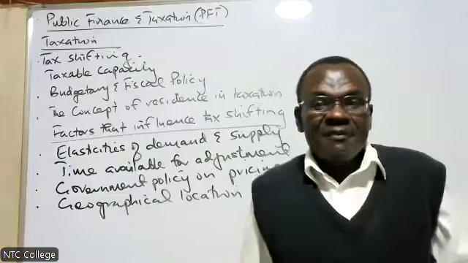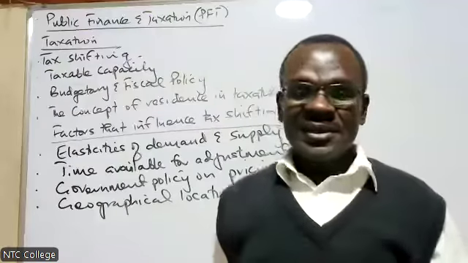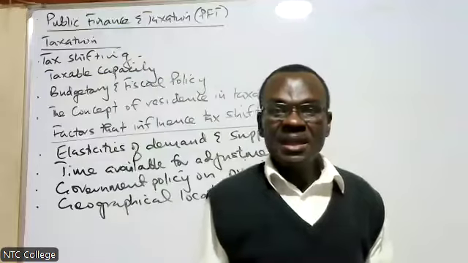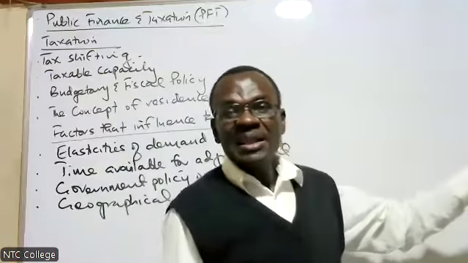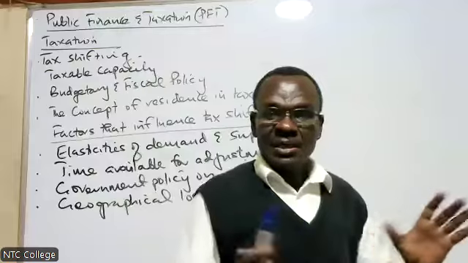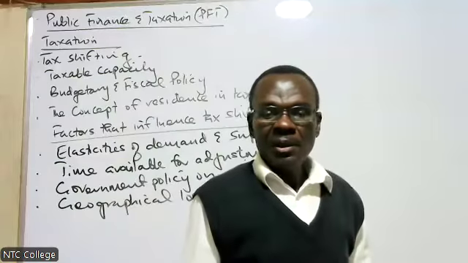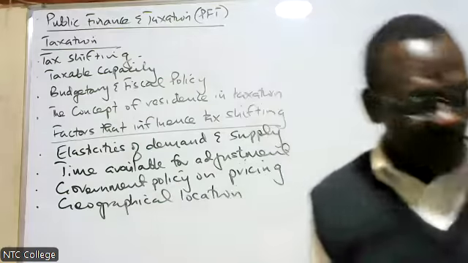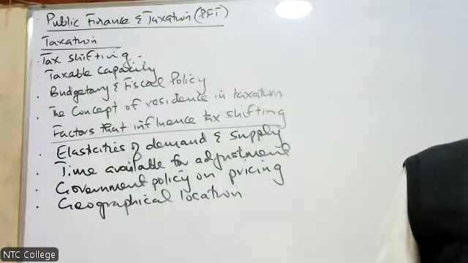So a farmer could avoid that and say, no, I cannot go to Nairobi to have my maize milled there. So they can look for millers in a neighboring county that is not as aggressive as Nairobi to reduce their cost and so on. So geographical location is a factor as far as tax shifting is concerned.